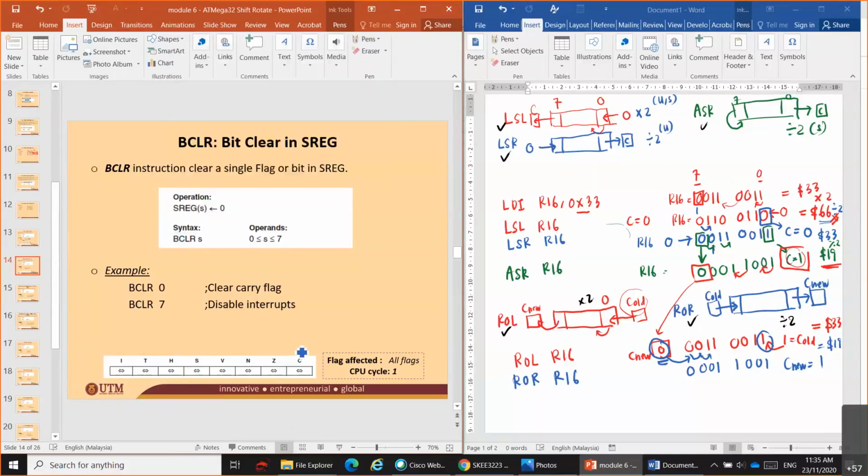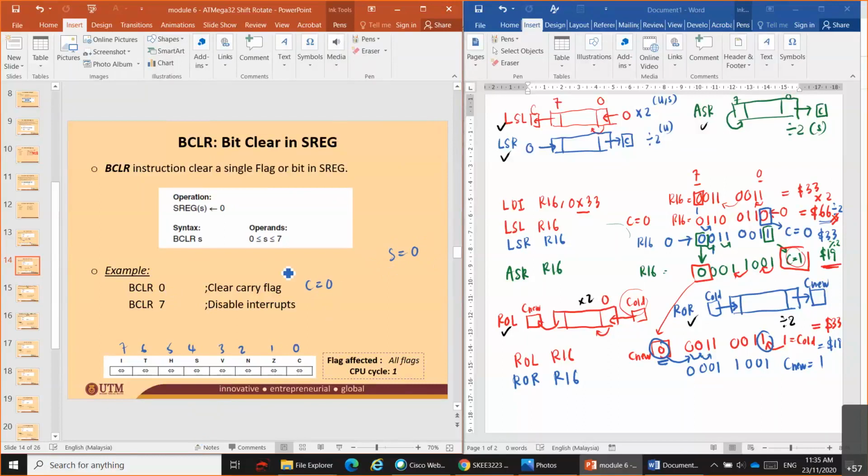You can put the bit number here, starting from 0, 1, 2, 3, 4, 5, 6, and 7. If you use BCLR 0, it means you go to location 0 and clear your C flag. Say I'm going to clear my S flag, make my S flag equal to 0.